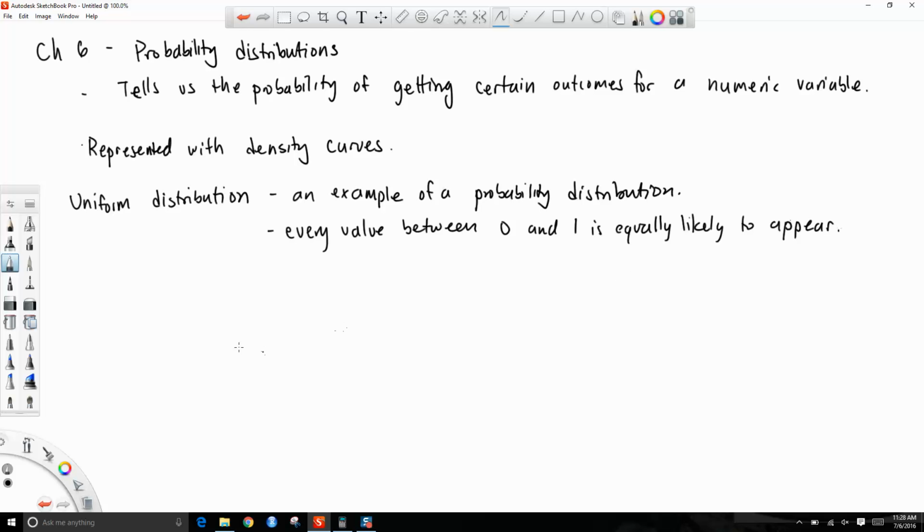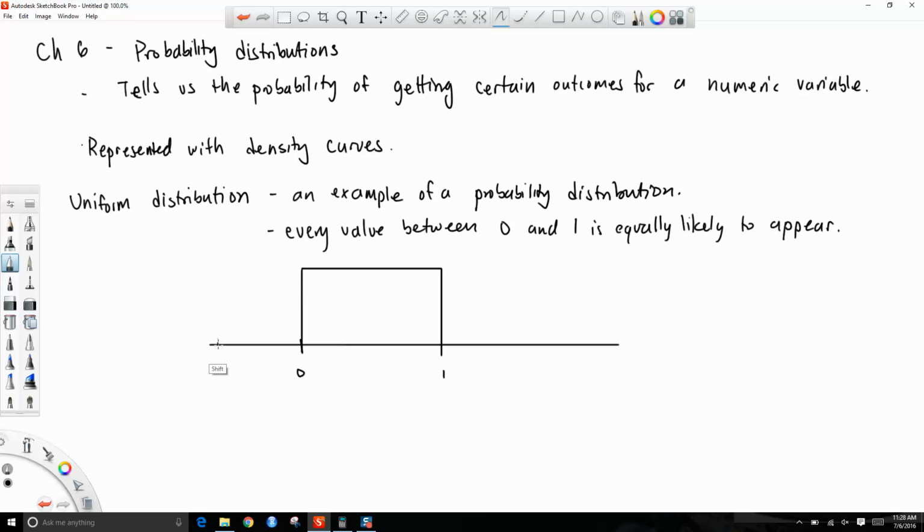Okay, and so we represent this density by showing, from the numbers 0 to 1, the height of the curve represents its probability, okay?